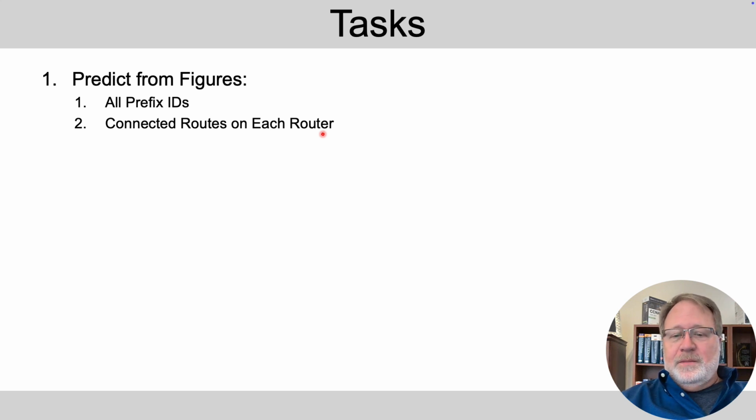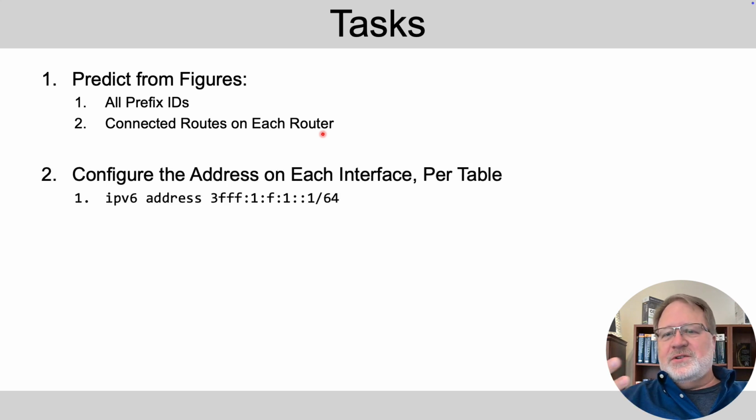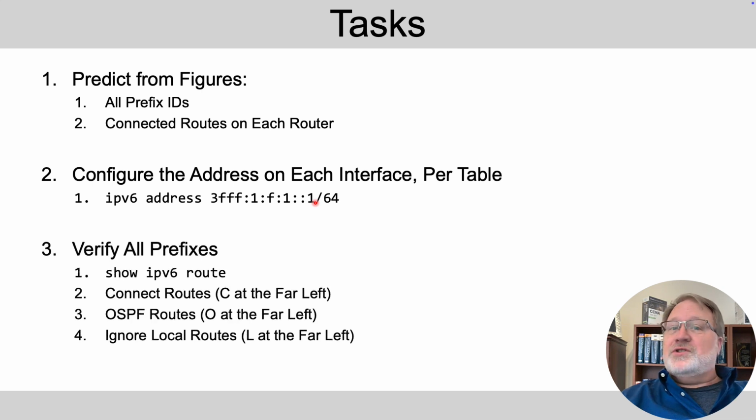Once you've done that on paper, then get into Packet Tracer and use this interface subcommand, ipv6 address, followed by the address / prefix length with no spaces, and that configures the address on the respective interface. Once you do that for all 4 routers on all the interfaces in the table, you've completed the configuration part of the lab.